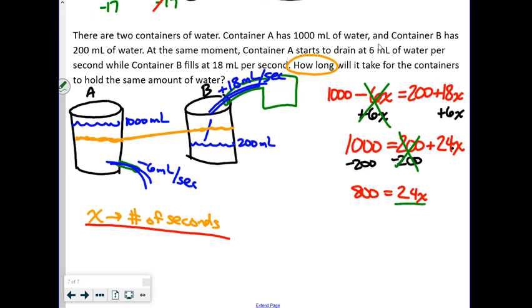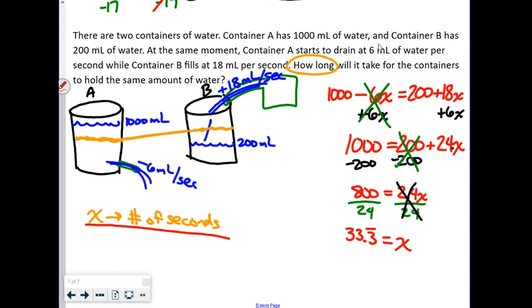Now, let's go ahead and do that divide step, which cancels here. And 800 divided by 24 is equal to 33.3 repeating. It's a repeating 3. So when we're actually giving our answer, we probably wouldn't worry so much about the repeating 3.